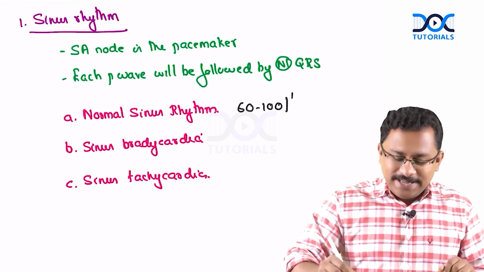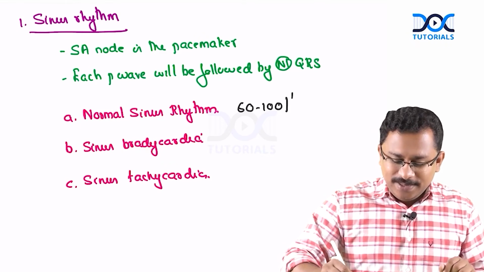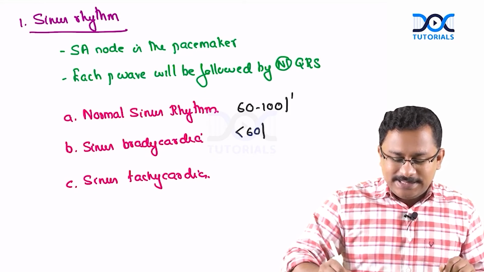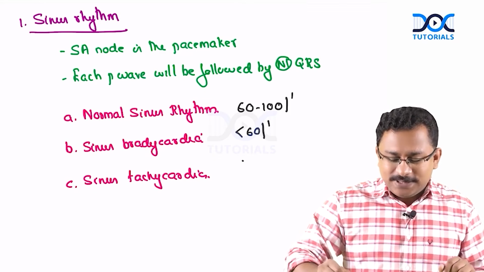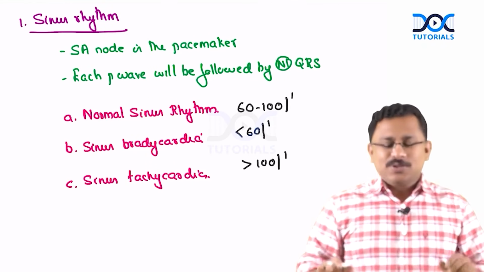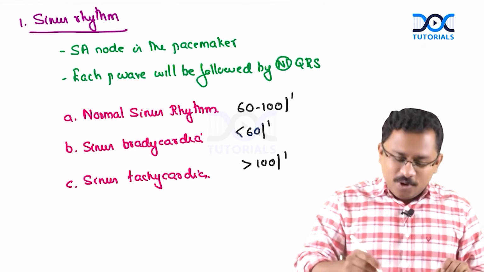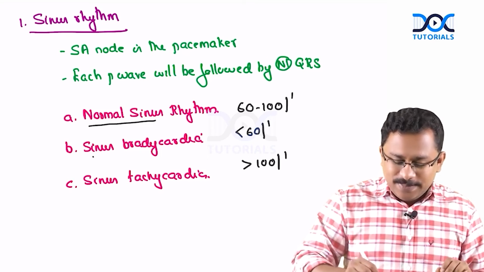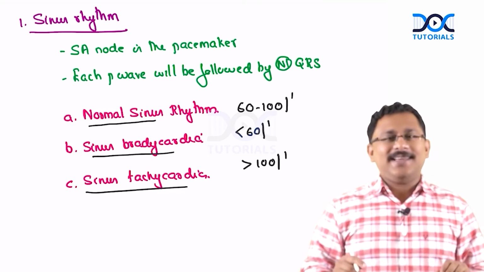In sinus bradycardia, it will be less than 60 per minute, whereas for sinus tachycardia, it will be more than 100 per minute.